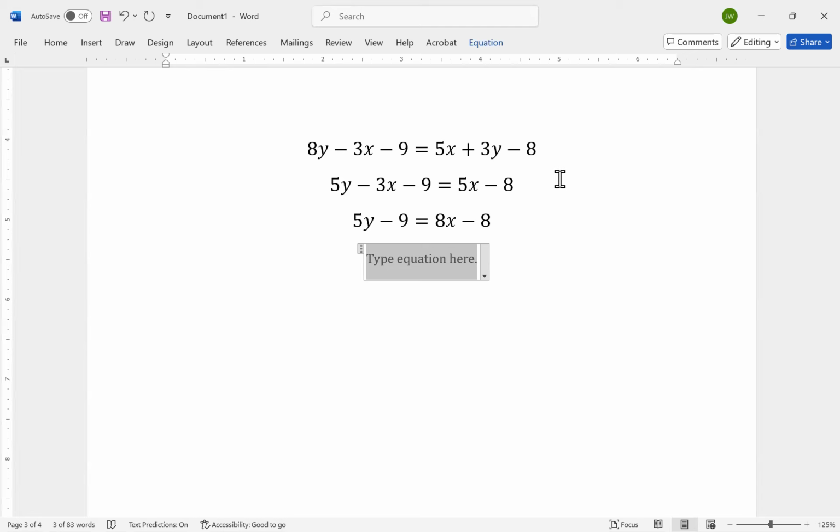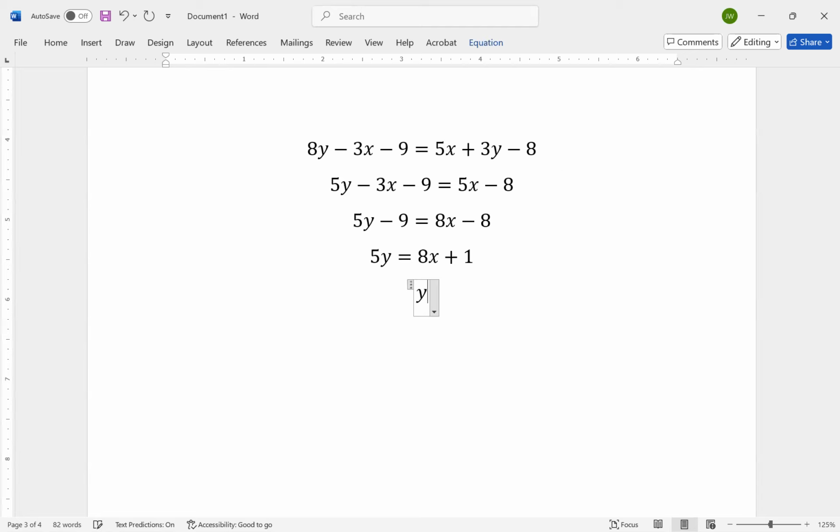I'd add 9 to both sides, giving me 5y is equal to 8x plus 1. And then lastly, to get this into slope-intercept form, I would divide both sides by 5.